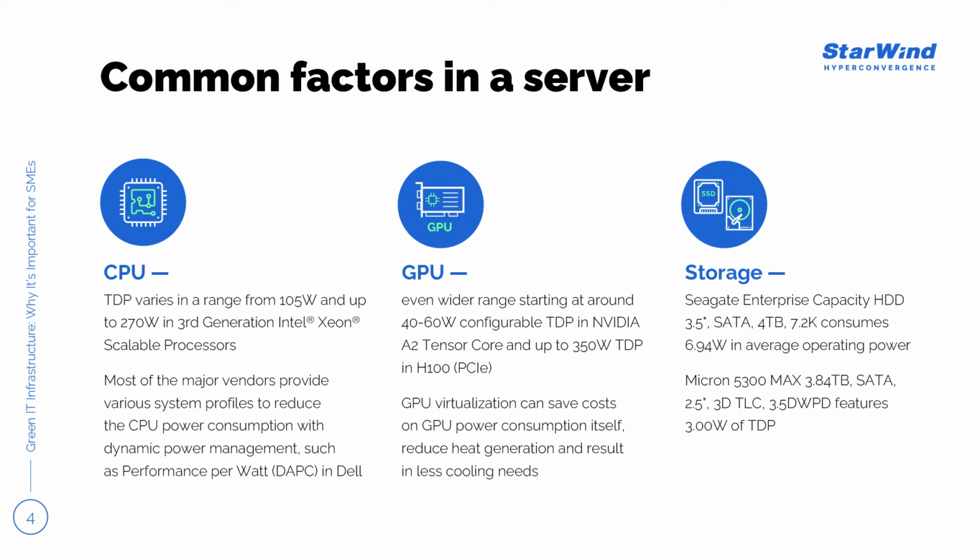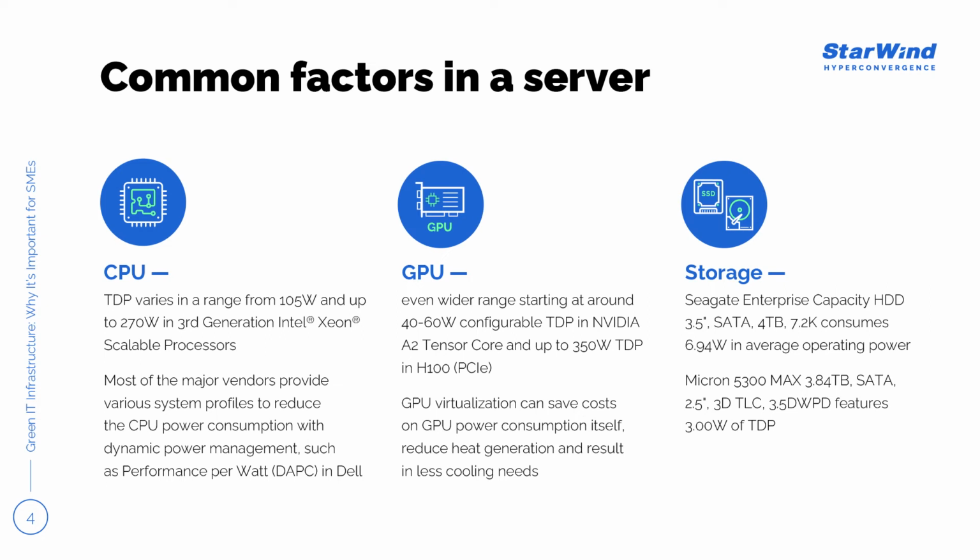Just as well, major server vendors introduce the capabilities to select various system profiles, and instead of setting them to maximum performance, other modes such as, for example, performance per watt in Dell can be used to save some power when workload is not significant. And in fact, in our days, that's the default profile the vendor uses. Now, this can be effectively used to decrease your CPU power consumption, save your costs and again reduce the carbon dioxide emissions.